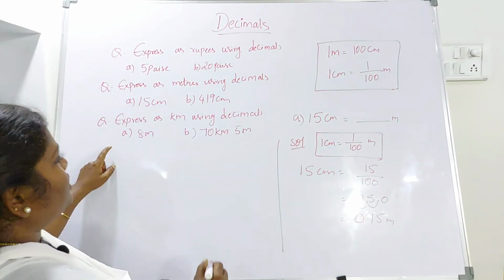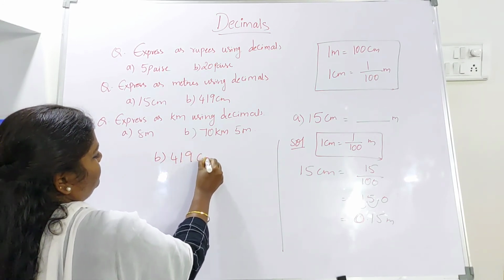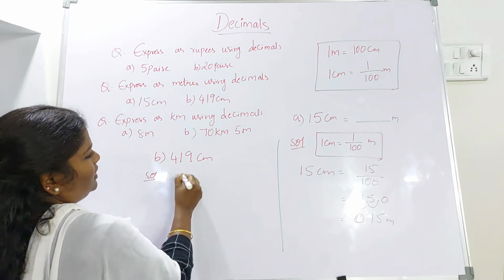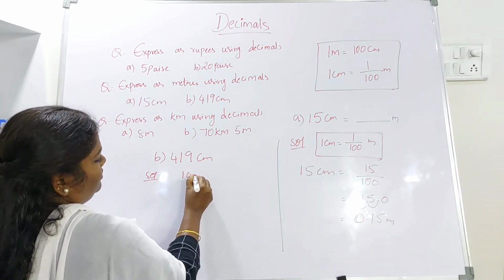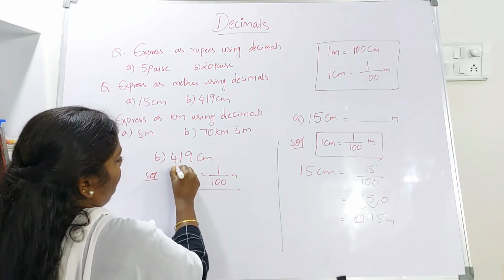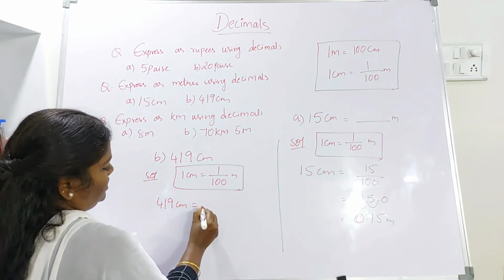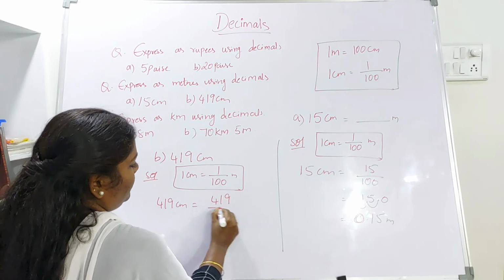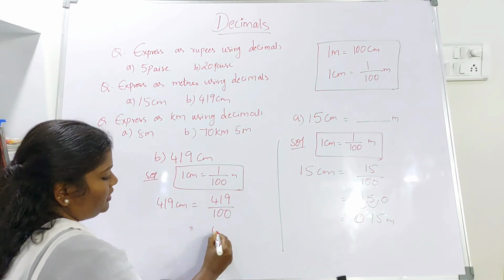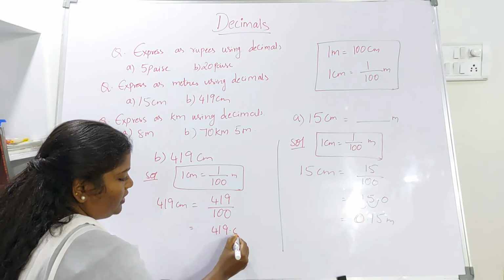So let me explain the next one. 419 centimeter. Now you need to convert into meter. So you know that 1 centimeter is equal to 1 by 100 meter. So 419 centimeter is equal to 419 by 100. Yes, so take the numerator number 419. 419 in the sense it has point and 0.